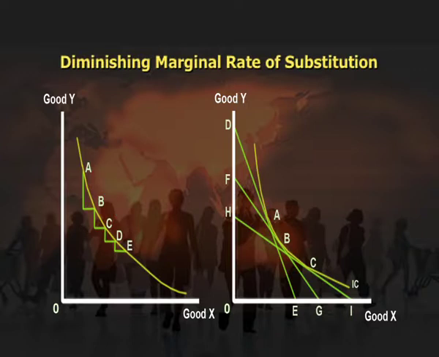Therefore, in this diagram, delta Y2 at point B is less than delta Y1 at point A. Similarly, delta Y4 at point D is less than delta Y3 at point C.